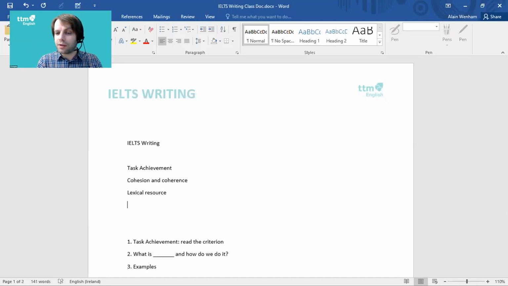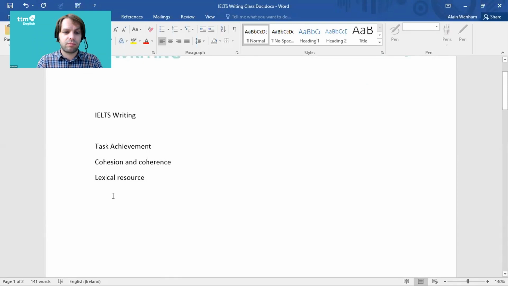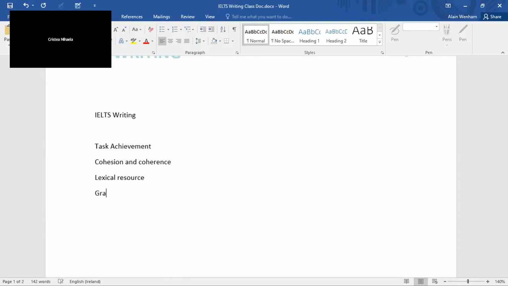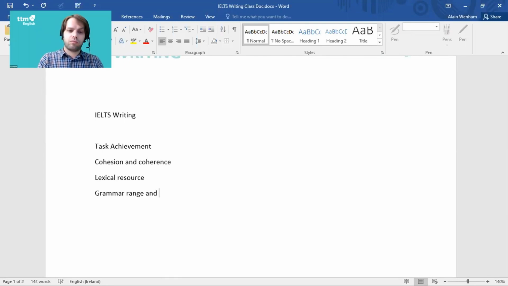And the last one, Mihaela, I bet you can guess this. Begins with G. Grammar. It's range and accuracy. So good grammar, bad grammar. Okay, so these are the 4 IELTS criteria.